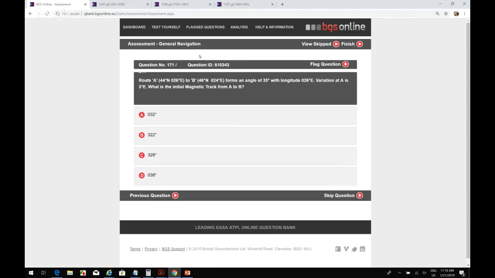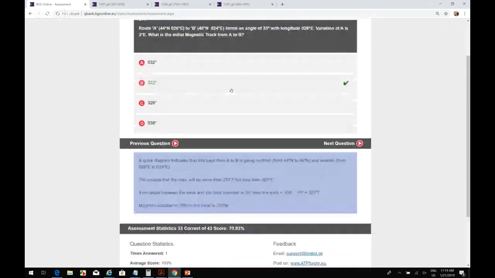So the great circle track is 325 degrees. Variation at A is 3 degrees east. Variation east, magnetic least. It's going to be 322, which is B.